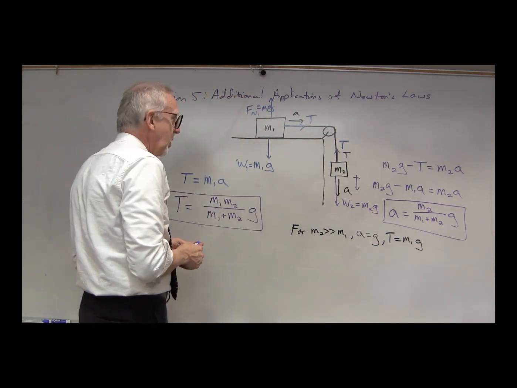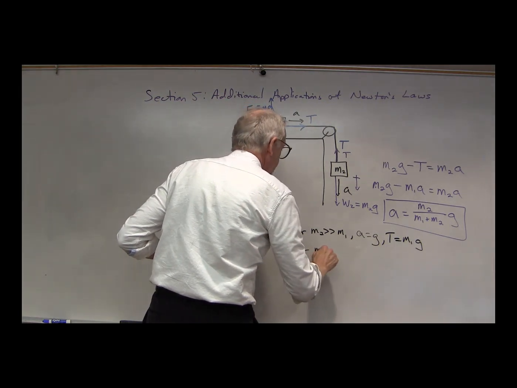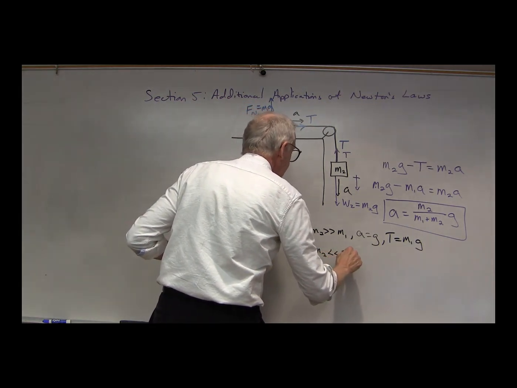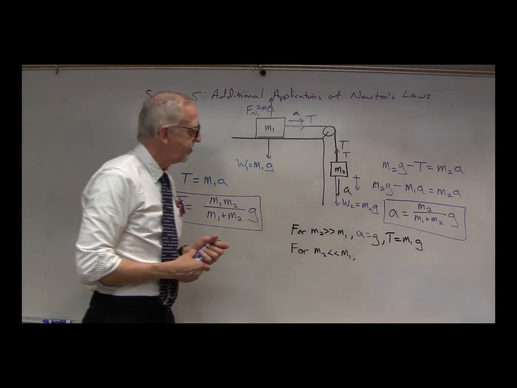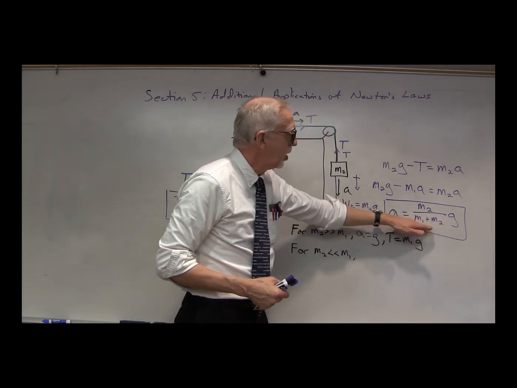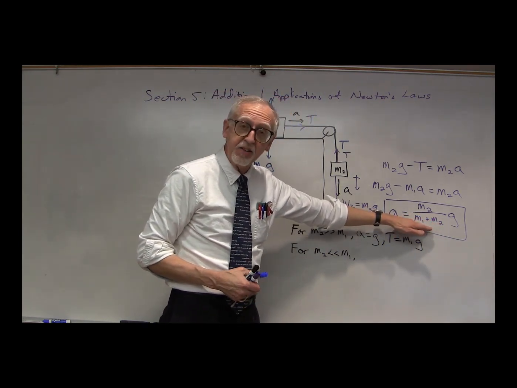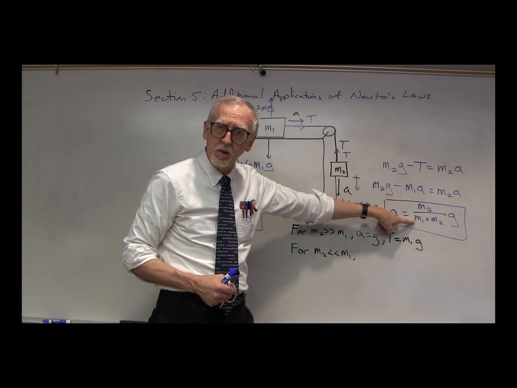All right, well that makes perfect sense as well. Very good. What about for m2 much less than m1? Well, if m2 is much less than m1, m1 plus m2 will be basically m1. m2 over m1 will be a very small number.